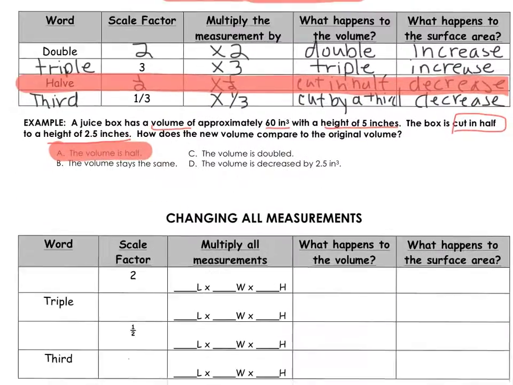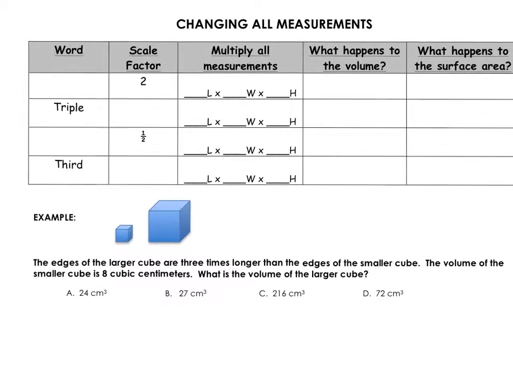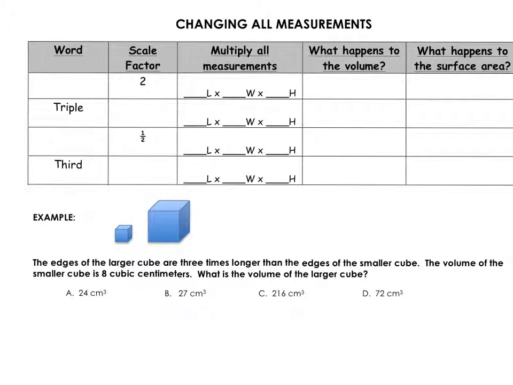Now we're going to take a look at what happens if you change all of the measurements. So in a prism, you change the length, the width, and the height. The words will still be the same.